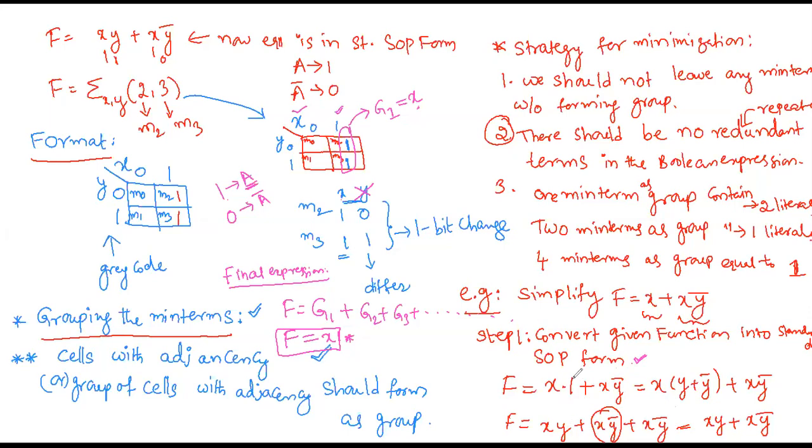So converted into standard SOP, and it should not contain redundant or repeated terms. Here I am having xy bar twice, so I am removing one xy bar. With the Boolean rules also, we can neglect one repeated term because a plus a is equal to a.